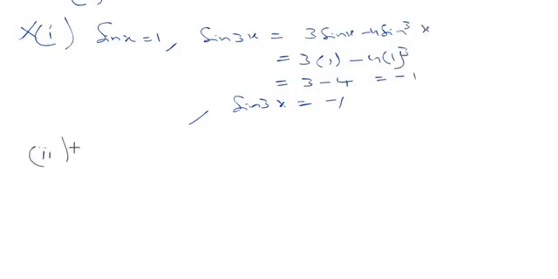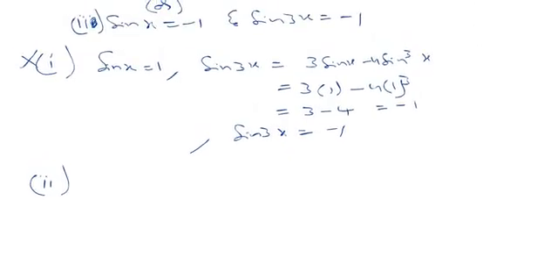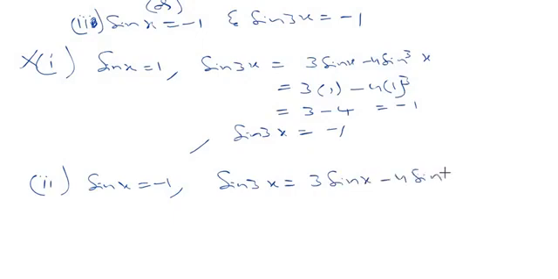Case 2: sin x will be -1, and sin 3x also should be -1. We know the sin 3x formula, it is 3 sin x minus 4 sin cube x.